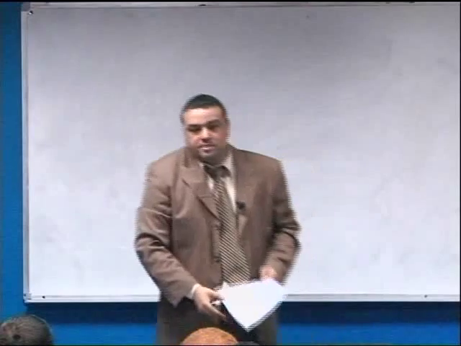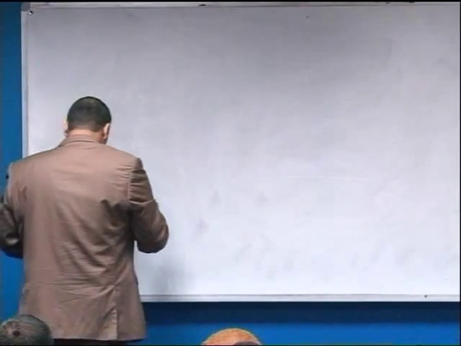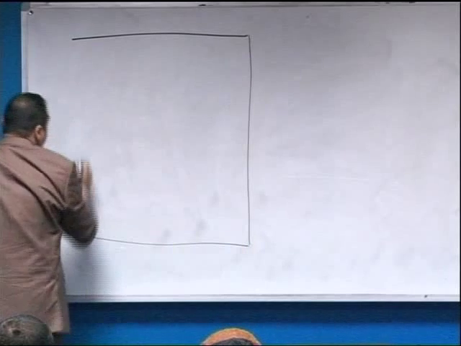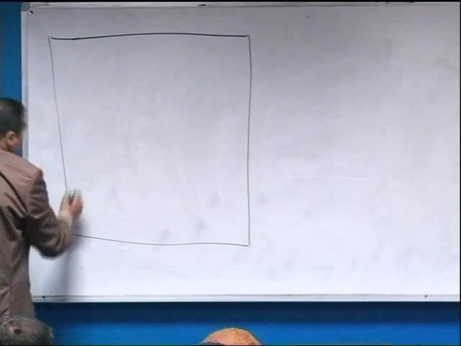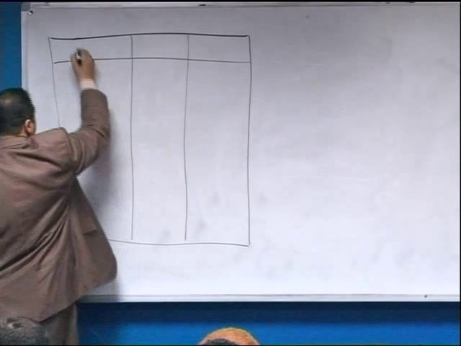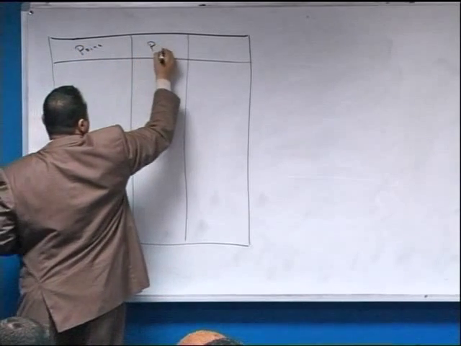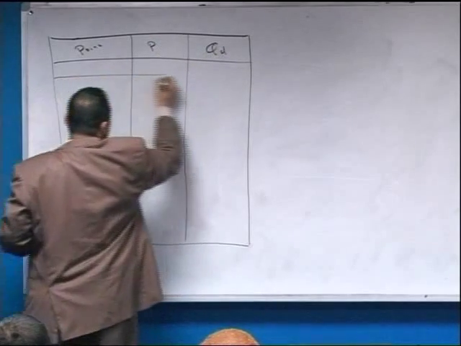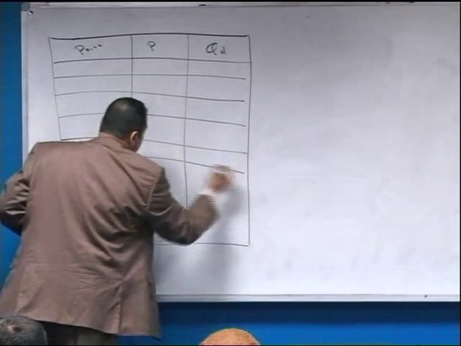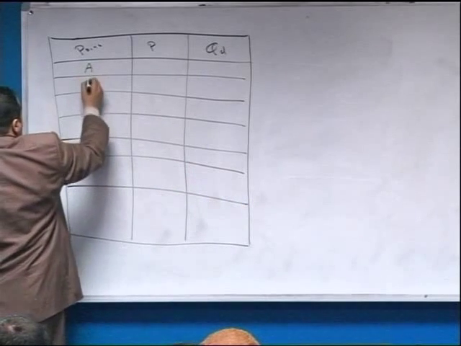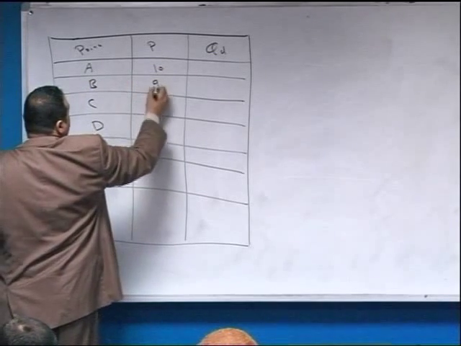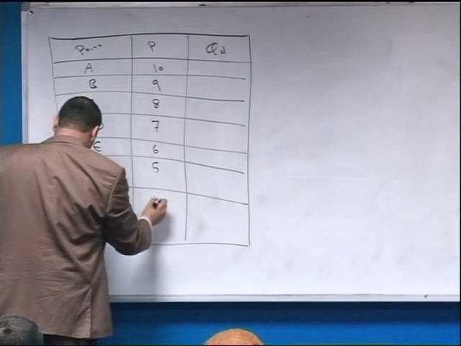If we have the following information about the chickens market: points, prices, quantity demanded. Points A, B, C, D, E, F, G. Prices: 10, 9, 8, 7, 6, 5, 4.